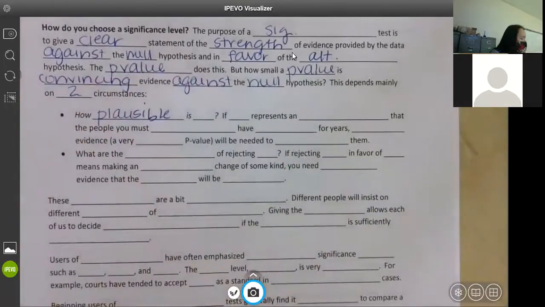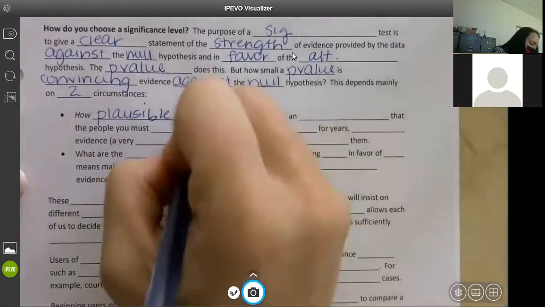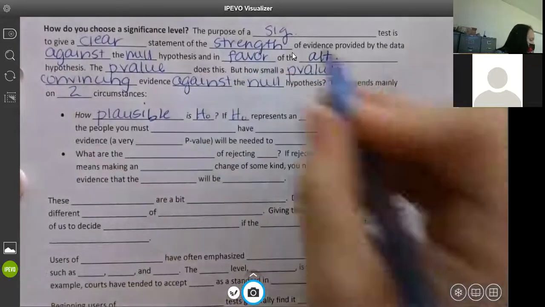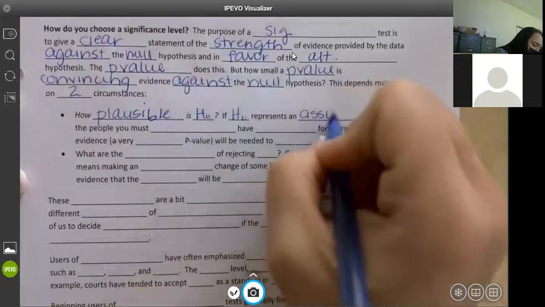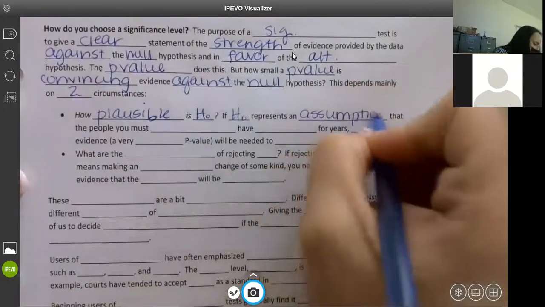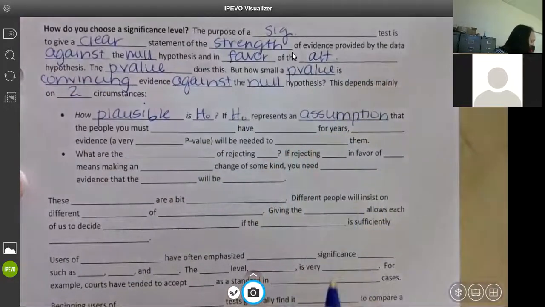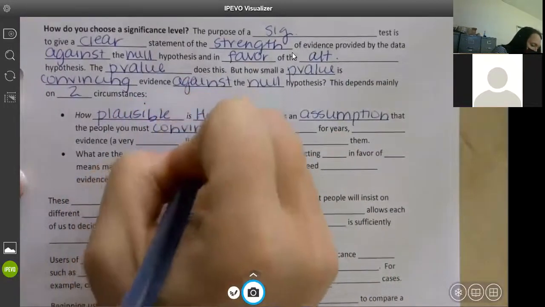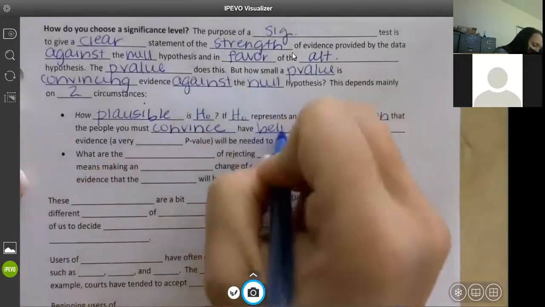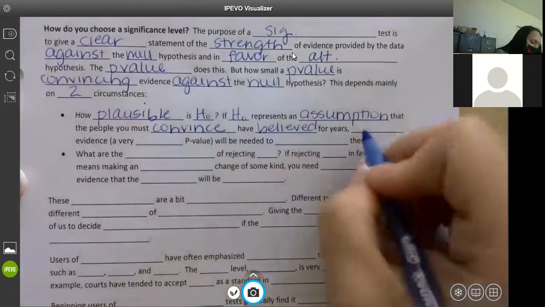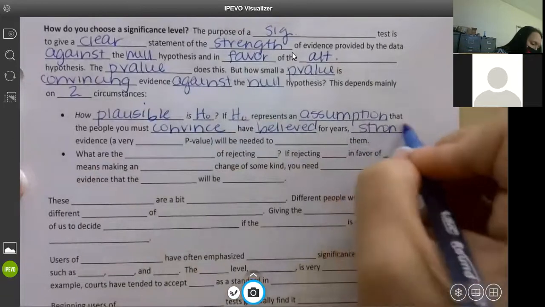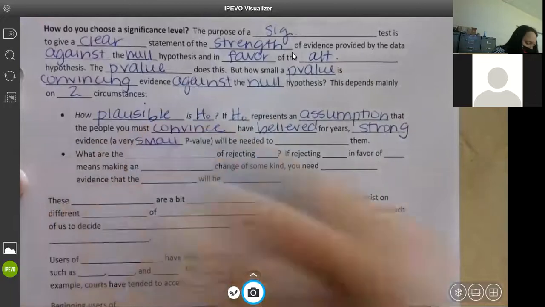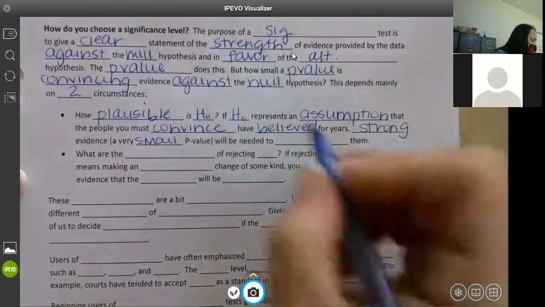The first one is, how plausible is H sub O? If H sub O represents an assumption that the people you must convince have believed for years, then strong evidence, which is a very small p-value, will be needed to persuade them.